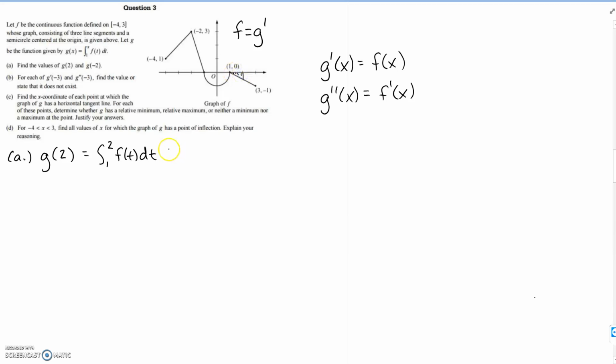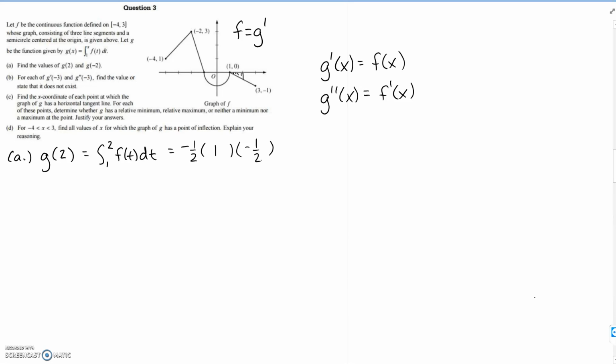So it's going to be a triangle, 1/2 base times height. It's going to be negative because it's area below the curve. The base is going to be 1. The height, I'm going from 0 to -1 as x moves from 1 to 3. So then the y value at 2 must be -1/2. No need to simplify since this is free response.